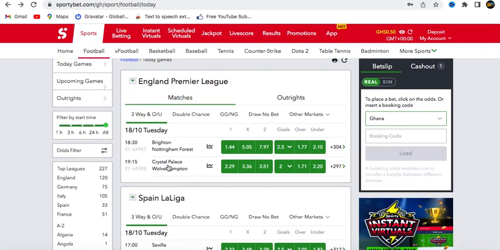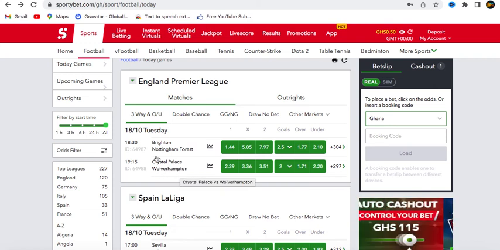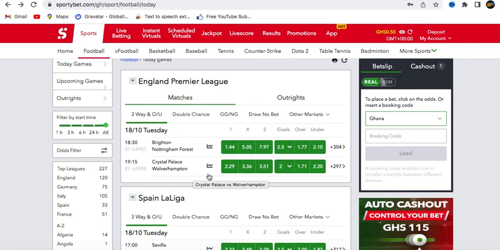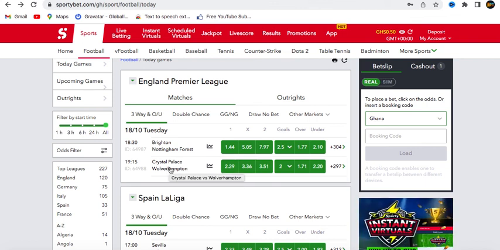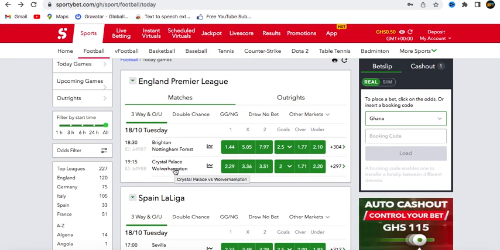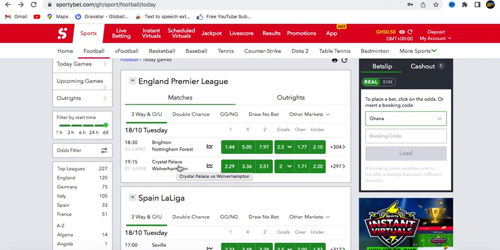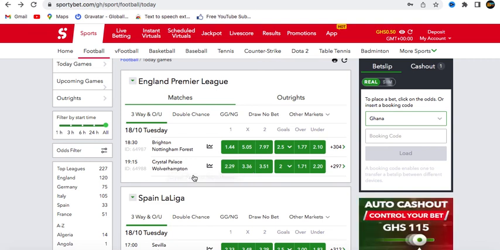And you can see Crystal Palace versus Wolverhampton. In this game too, we are going to see if Sportybet will give us the correct score, and we use our strategy and prediction to choose the correct score for Crystal Palace versus Wolverhampton.